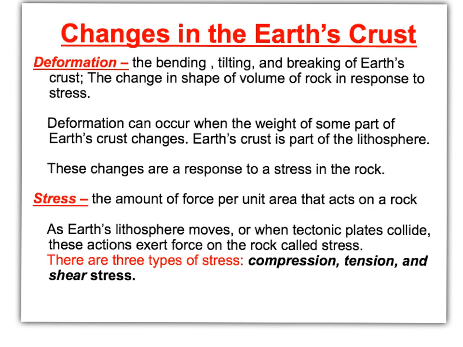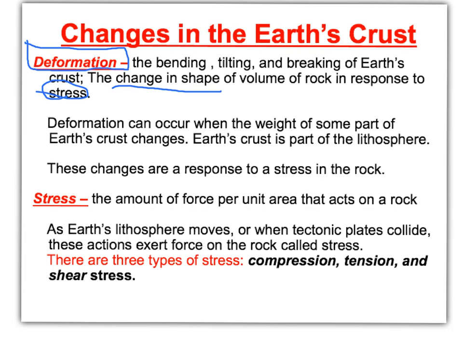Now, any change in the shape of the Earth's crust is called deformation. So, anytime you have a bend, a break, a tilting, anything like that, it's called a deformation, and they are caused by stresses. And stress is just a force on a rock.